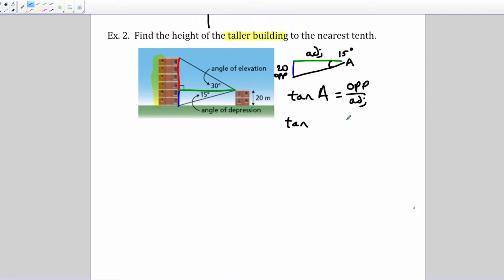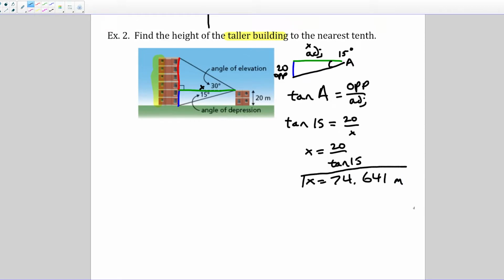So tangent of 15 is equal to 20 over, and let's call this guy here x. So 20 over x. We know that once we isolate for x, we get x is equal to 20 over the tangent of 15. And we end up getting x is equal to about 74.6410. So we're pretty safe just by going 641. And that's going to be in meters. So I'm going to go ahead and keep that for now.